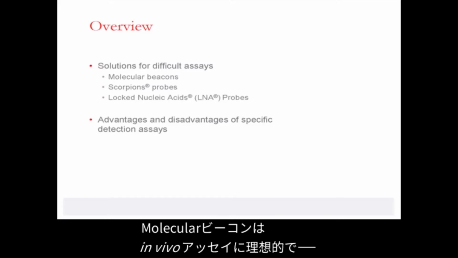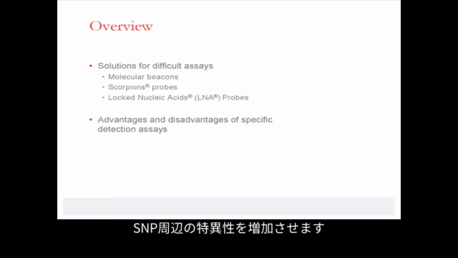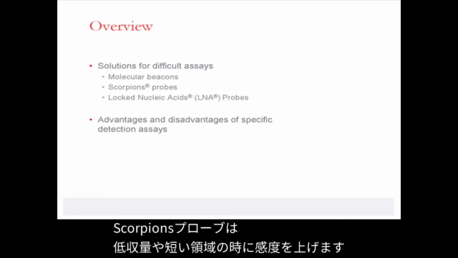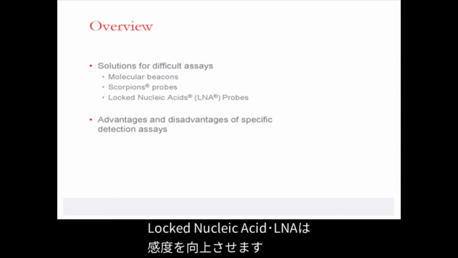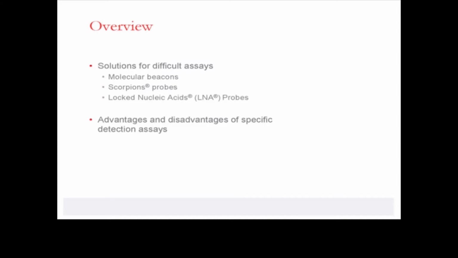Molecular beacons are ideal for in vivo assays and can improve specificity around a SNP. Scorpion probes can improve sensitivity if you have a low target yield or a very short region. Locked nucleic acids, or LNAs, can improve sensitivity. These are good in AT-rich sites.